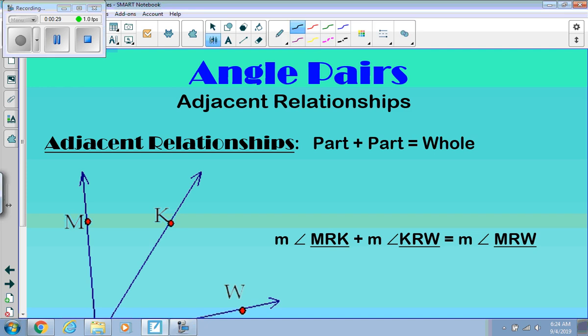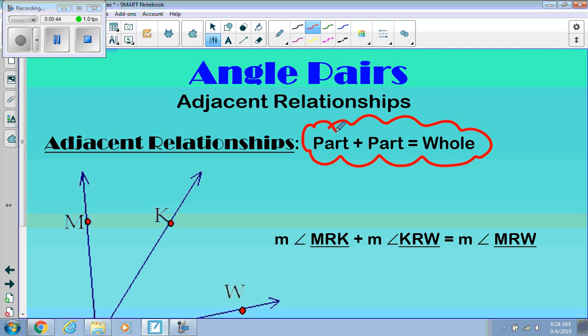So with complementary and supplementary, we had them equaling either 90 or 180 based off of what type of angle we were looking at. In this case, we just are adding two parts to the whole, whatever the whole is.